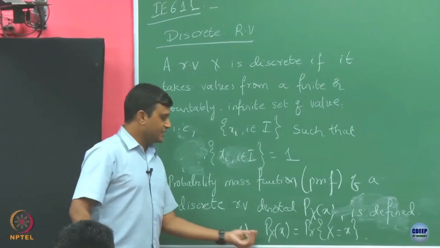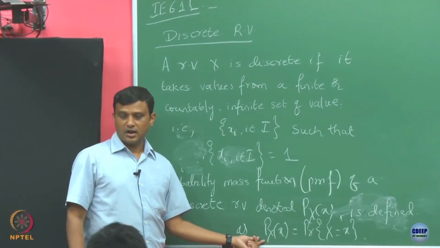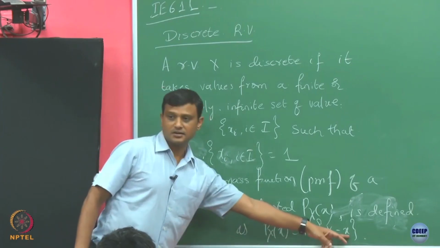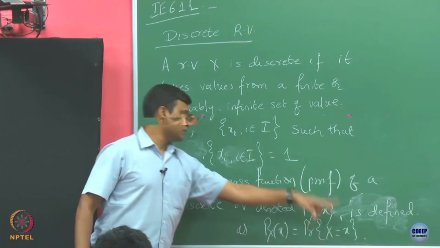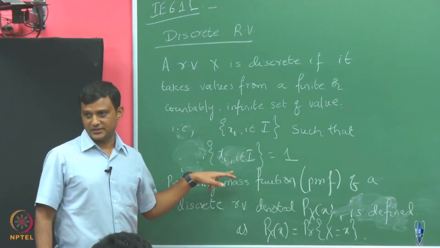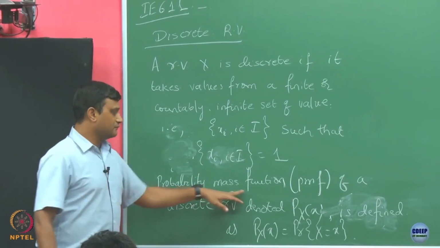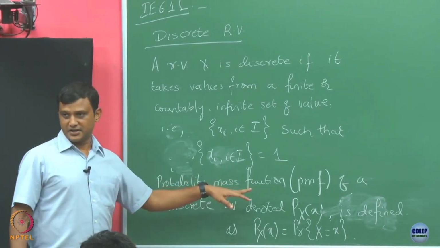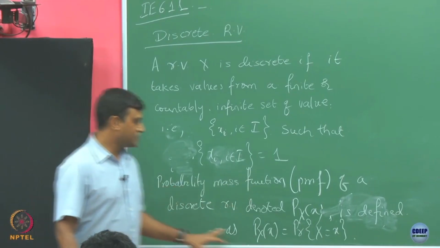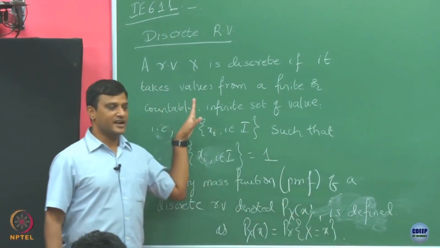So that is simply taking the probability of the points which are being taken by this random variable x. So what we are basically doing is, I am going to call something the probability mass function, which is going to just give me the probability of the points that my random variable is taking.